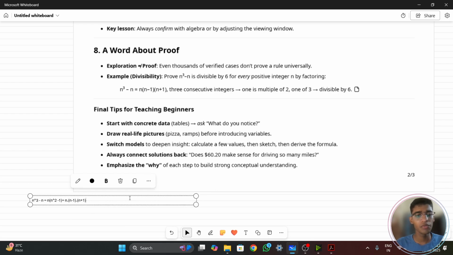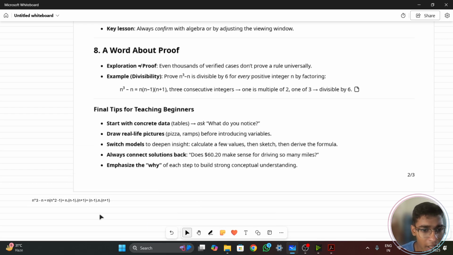Okay, we have done these three things. Now can I write it more easily for your understanding so that it's clearer: (n minus 1) into n into (n plus 1). So what you are actually seeing is that you are getting a number n, the previous number, and the next number.